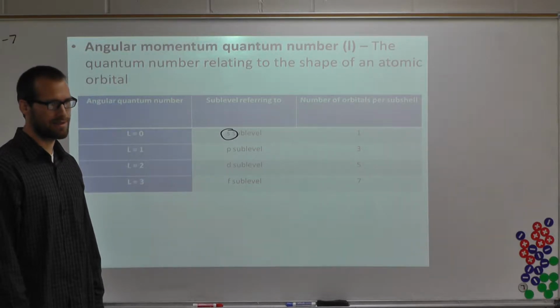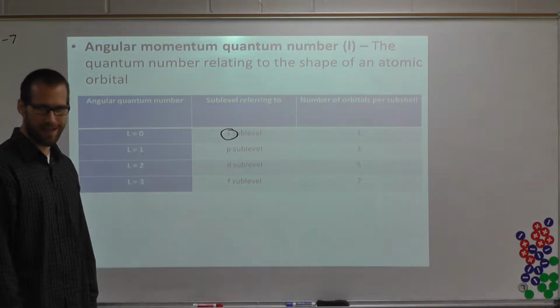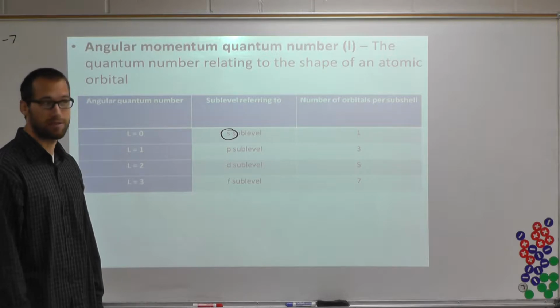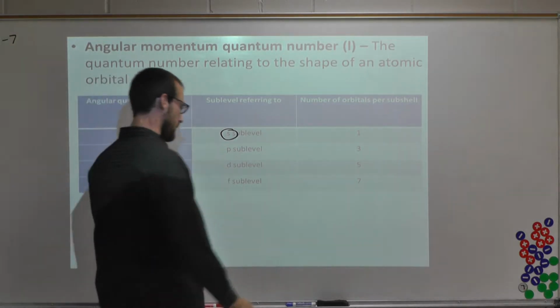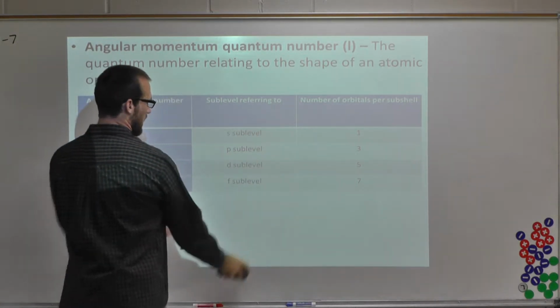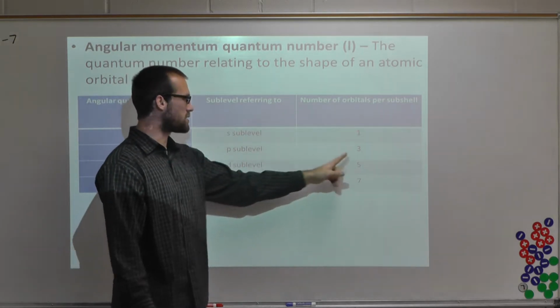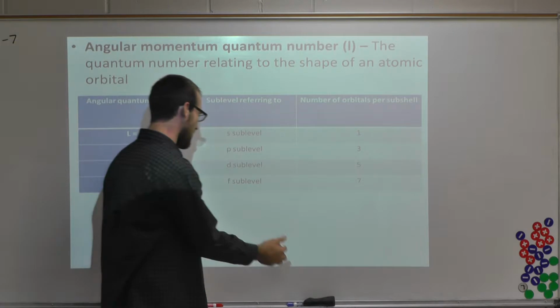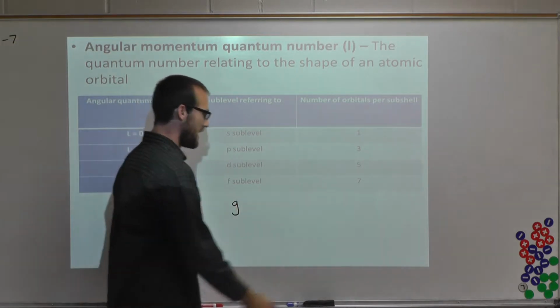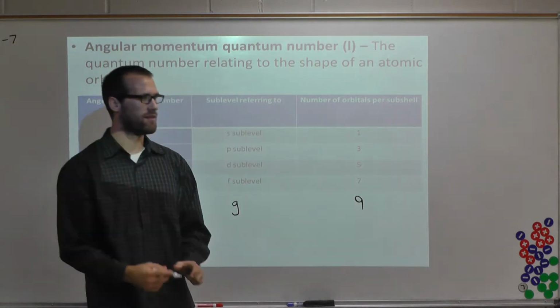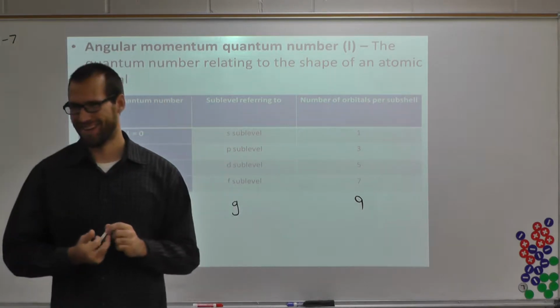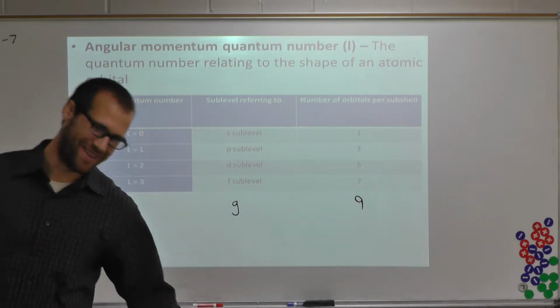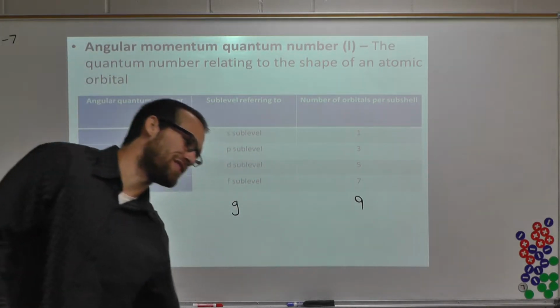The P has 3. The D has 1, 3, 5, 7. You remember that? Okay. So S has 1 orbital, P has 3 orbitals, D has 5 orbitals, F has 7 orbitals, and theoretical G has 9 orbitals. Might as well. It's just theoretical.